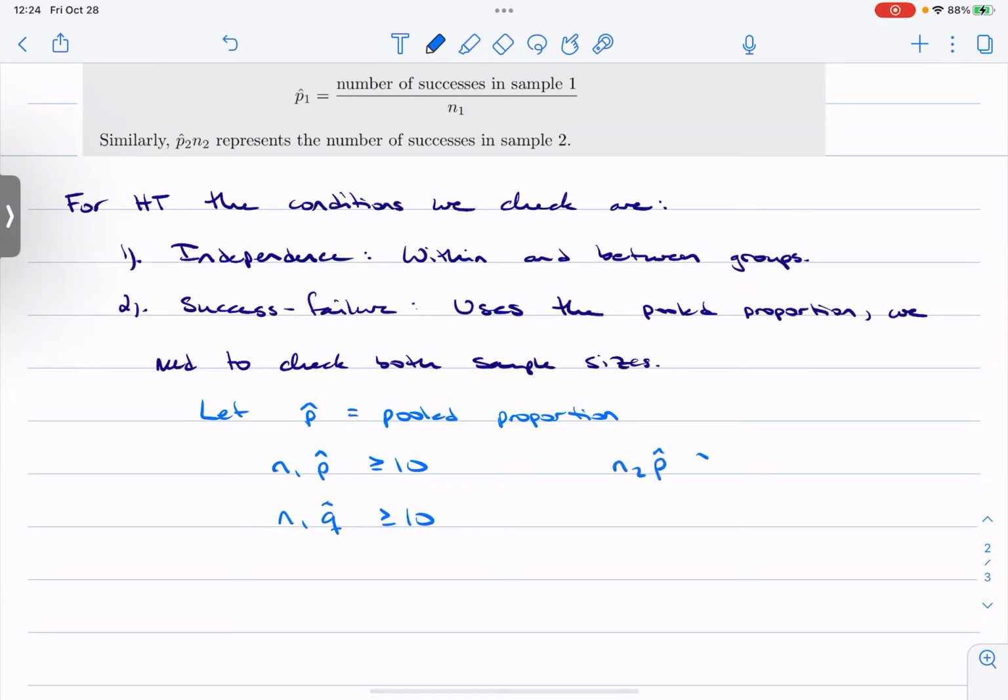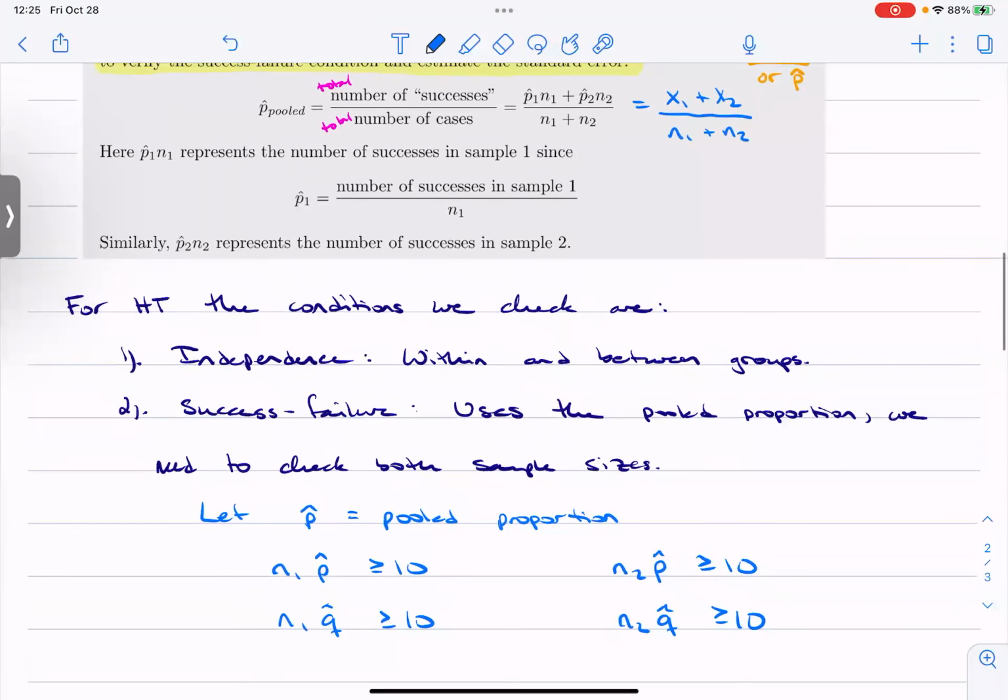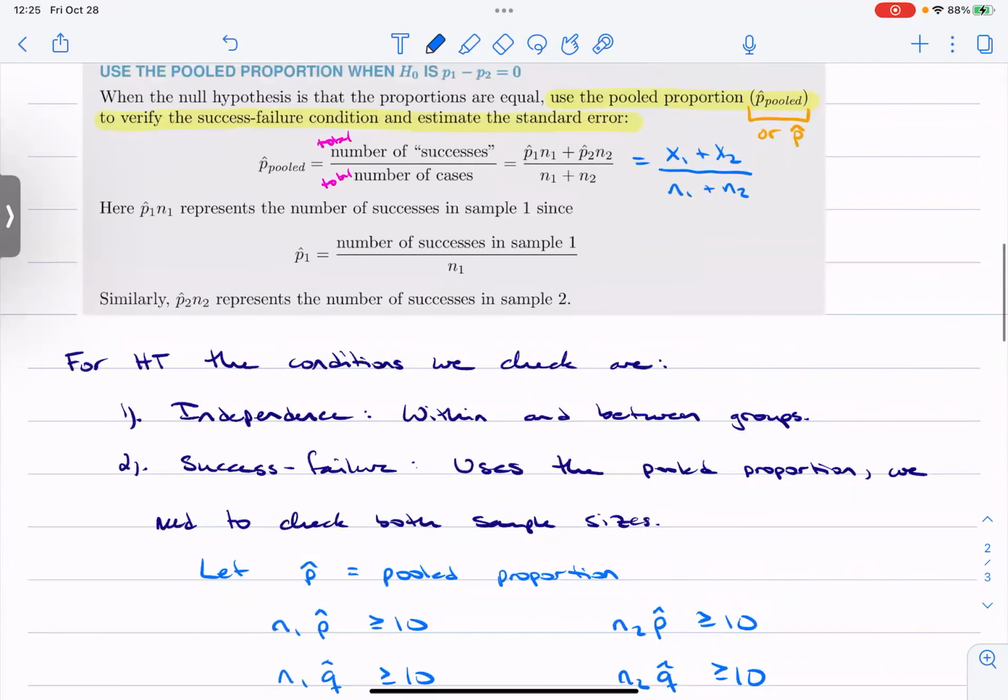N2 P hat has to be greater than or equal to 10, and N2 Q hat has to be greater than or equal to 10. Right, where context tells me that P hat is the pooled proportion. So that's how we use the pooled proportion to verify the success failure condition.